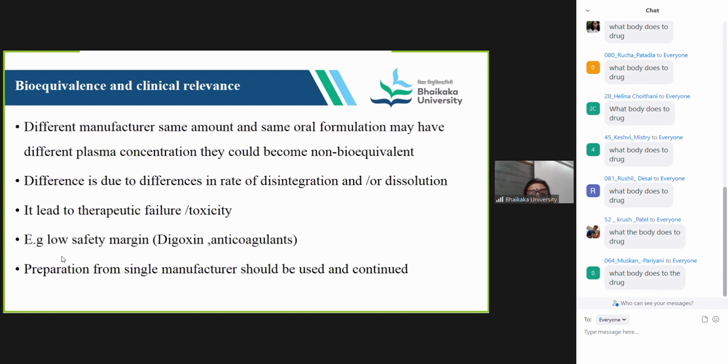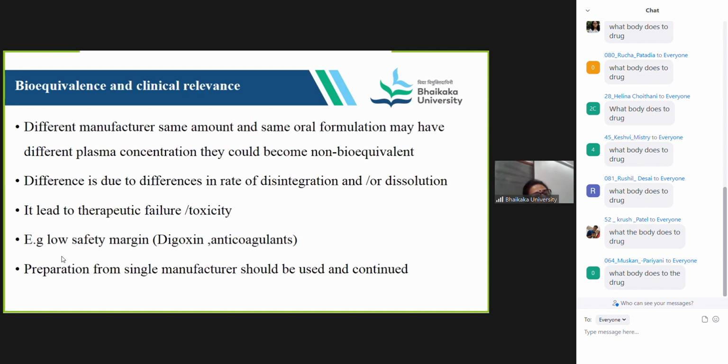And this non-bioequivalent factor can lead to therapeutic failure or maybe toxicity. Okay, so that is the importance of bioequivalence, and this bioequivalence is related to bioavailability. It means if both bioavailabilities are the same, then it is called bioequivalence.